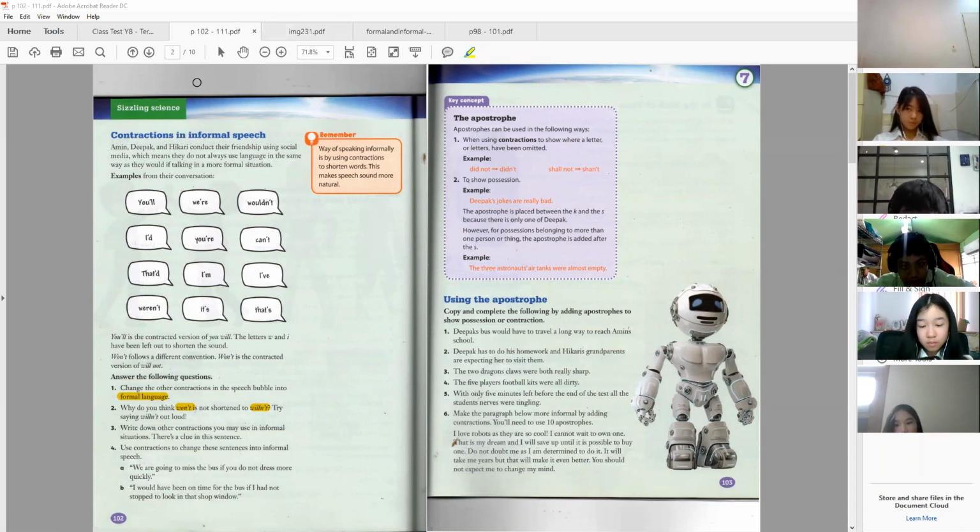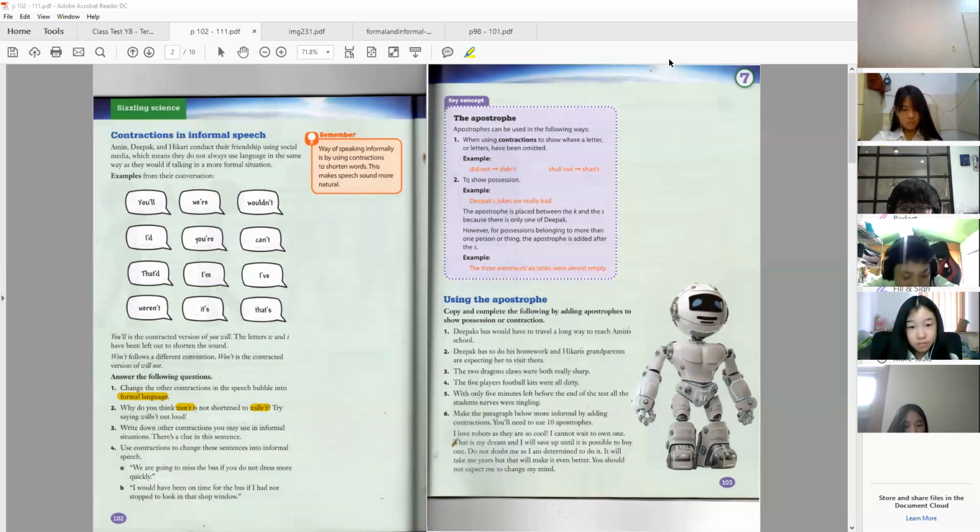Thank you, Jocelyn. Another example is that in contracted form, we use what we call an apostrophe. Is this apostrophe or apostrophe? What do you think? Apostrophe. Okay.